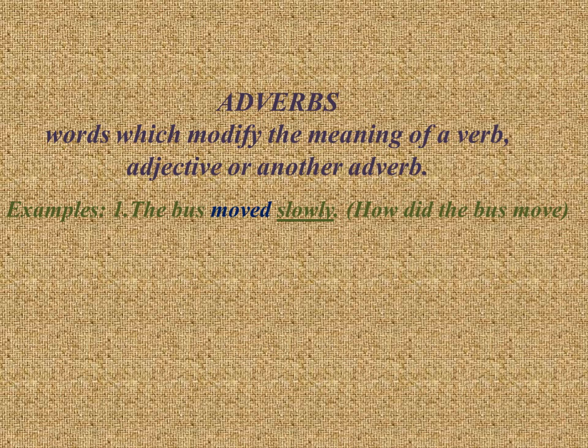So we ask a question: how did the bus move? The answer is slowly. So moved is a verb, and slowly adds something to the verb. It's moving slowly.